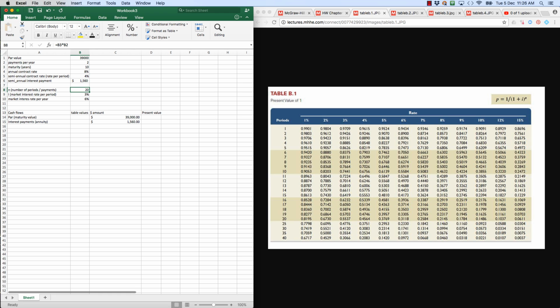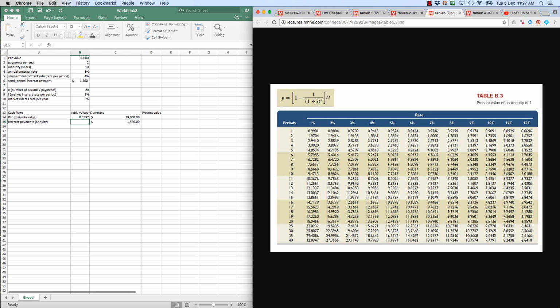In English, that means you need to invest 55.37 cents today in order to withdraw $1 in 20 periods if the interest rate is 3%. But we can just type that in here, 0.5537. And then we go to our annuity table.